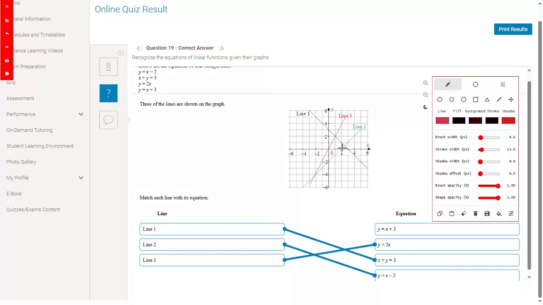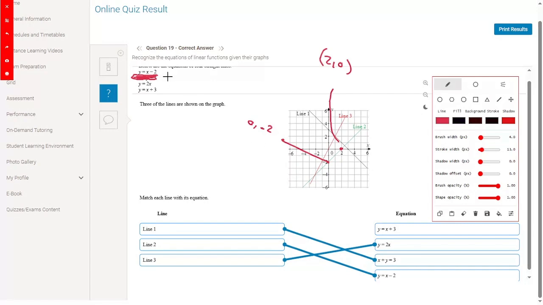The first point is 2 and 0, and the second point is 0 and minus 2.